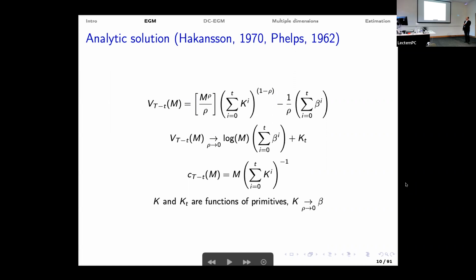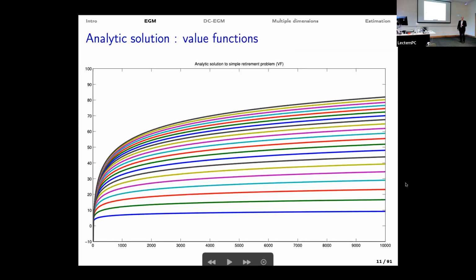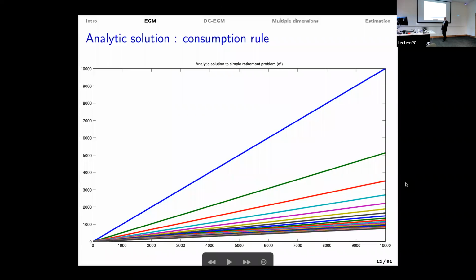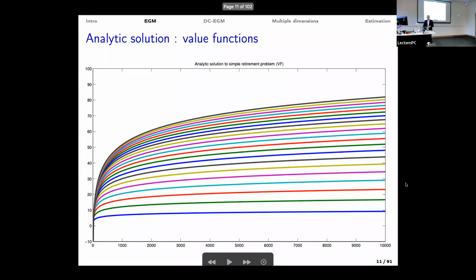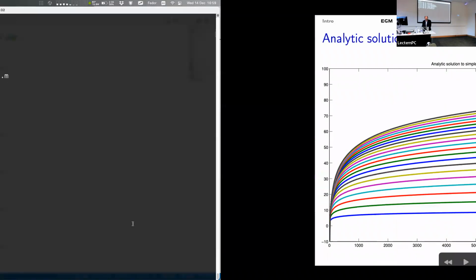And as you can see, there is capital T here, making you think that this is a finite horizon problem. Just to make sure that we're all on the same page, in a finite horizon problem, the solution is a collection of value functions, and the value function corresponding to the last time period is somewhere here.